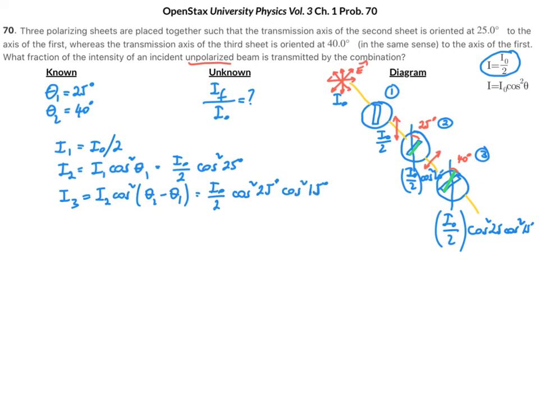And what I'm looking for is the final intensity divided by the original intensity. So I want I final over I initial, and that's I3 over I initial. So that will be cosine squared 25 times cosine squared 15 divided by 2, and that gives us 0.383.